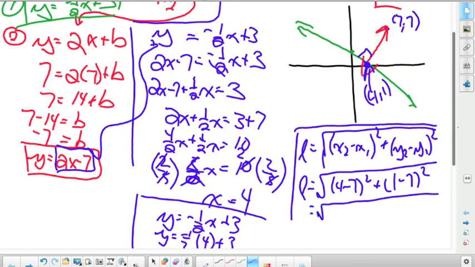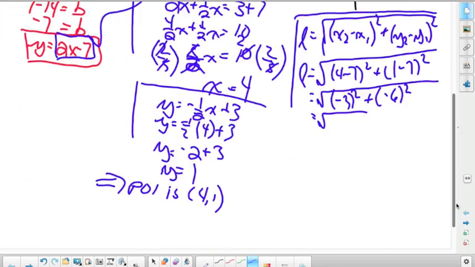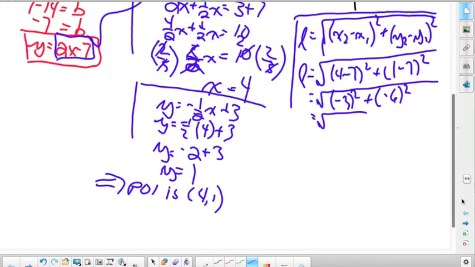That's the square root of -3 squared plus -6 squared. That's the square root of 9 plus 36, which is equal to the square root of 45.